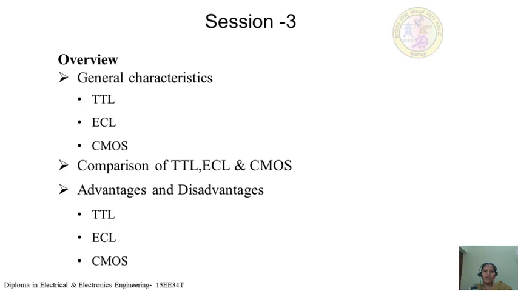ECL stands for emitter coupled logic. CMOS stands for complementary metal oxide semiconductor. Next, we'll see the comparison of these IC logic families, TTL, ECL and CMOS. Next, we'll go for advantages and disadvantages of these IC logic families.